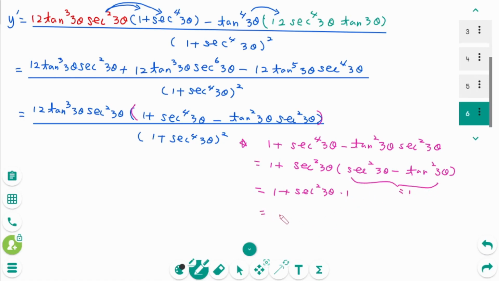The final answer is 1 plus secant squared 3 theta.